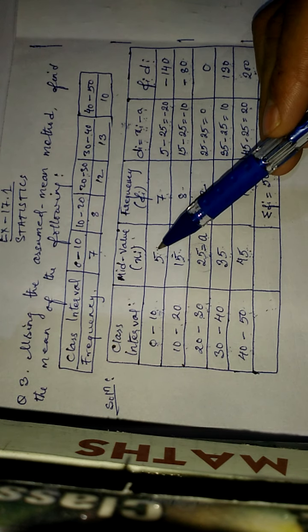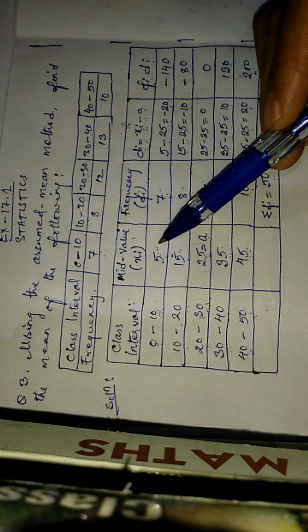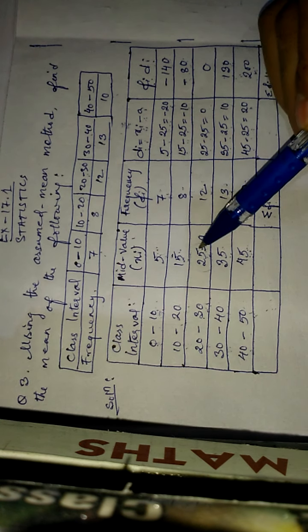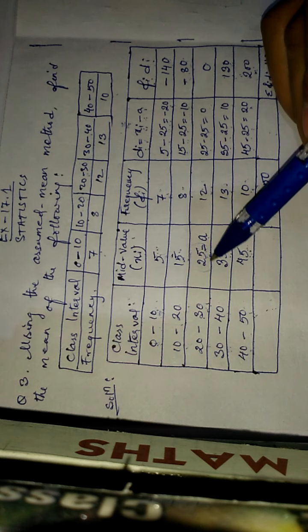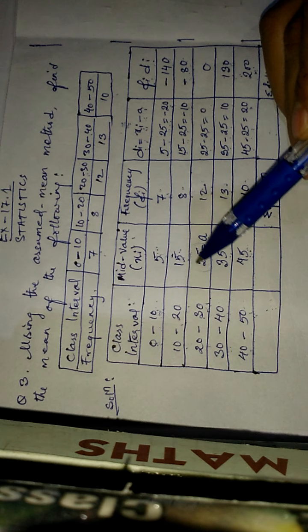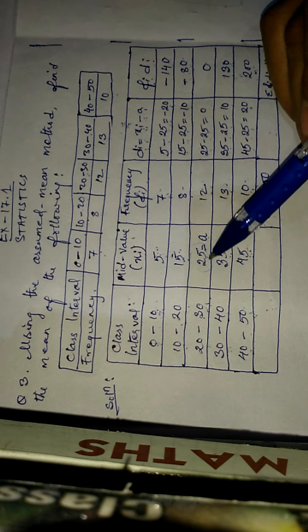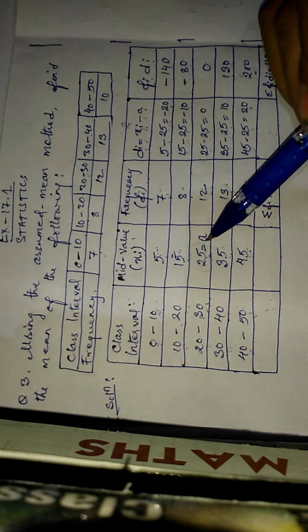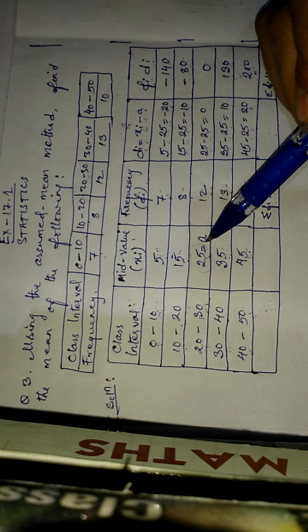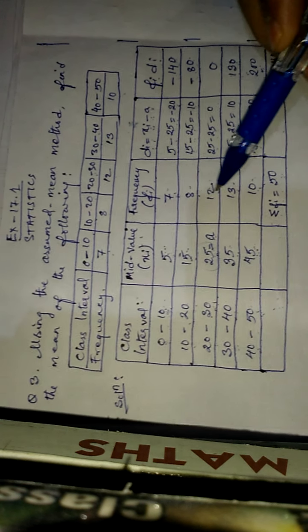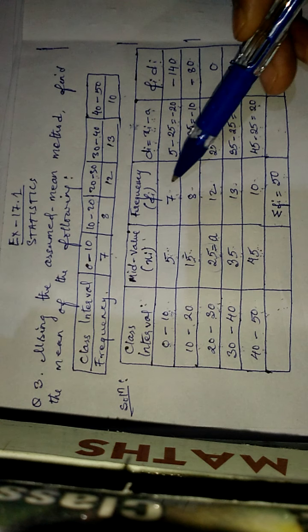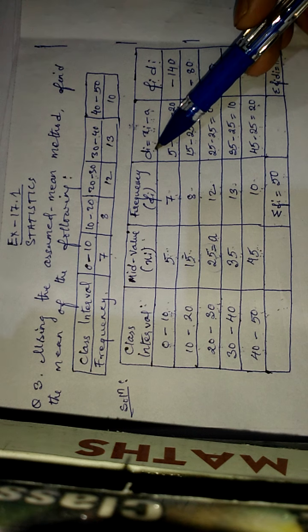Let's count, and the middle one should be our assumed mean. So 1, 2, 3. The third mid value is in the middle, so we assume this as our assumed mean.